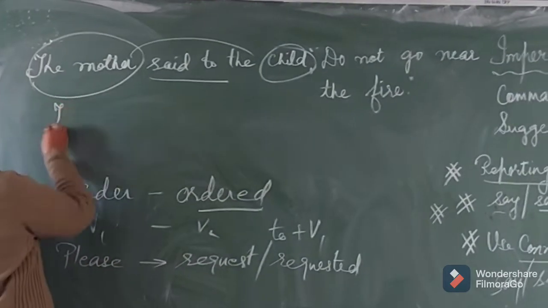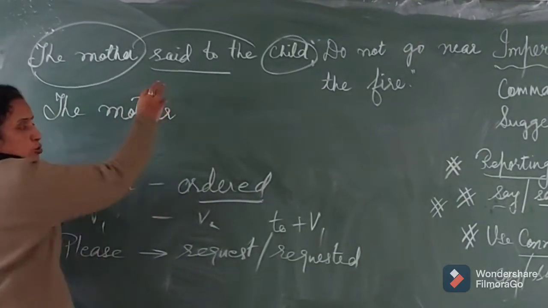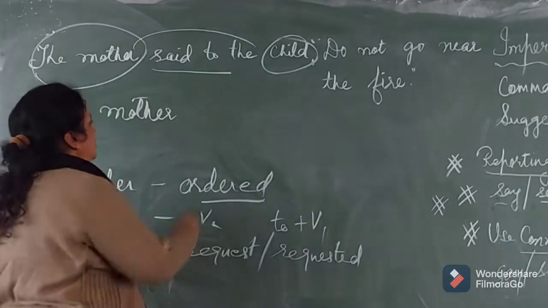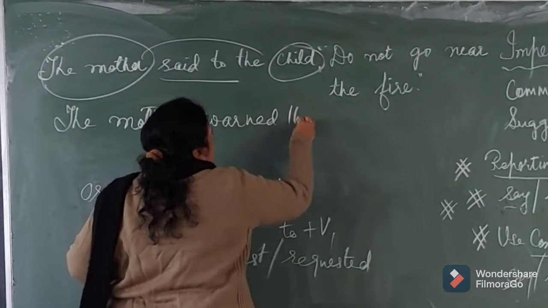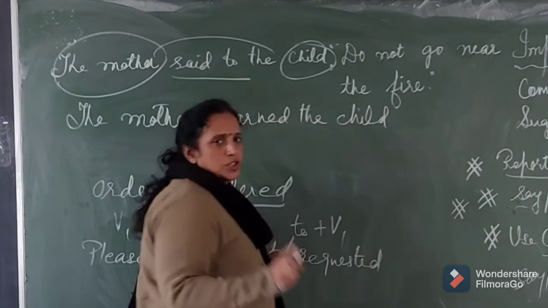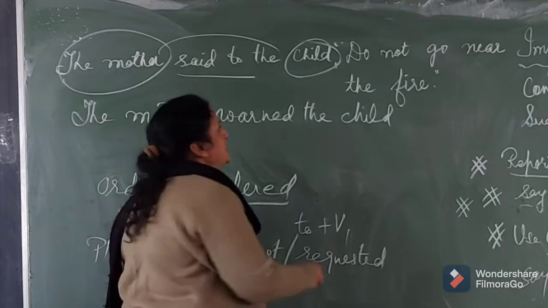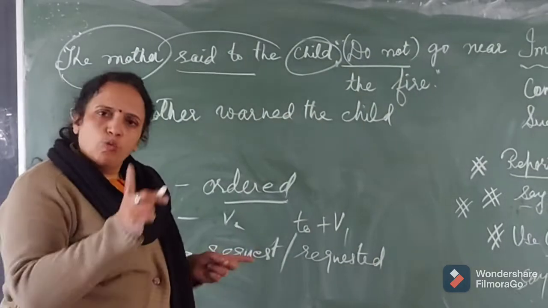First of all, we will repeat the subject mother, then for the reporting verb said to, we will replace it with the word warned, then the child. Here is one more thing, children, you should learn. In the sentence, the words do not are given.